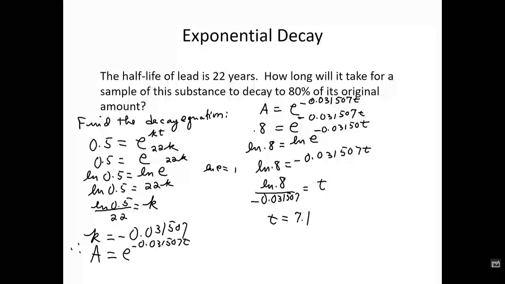So now we can answer the question. Therefore, it will take 7 years for a sample of the substance to decay to 80% of its original amount. And of course, this is in years.